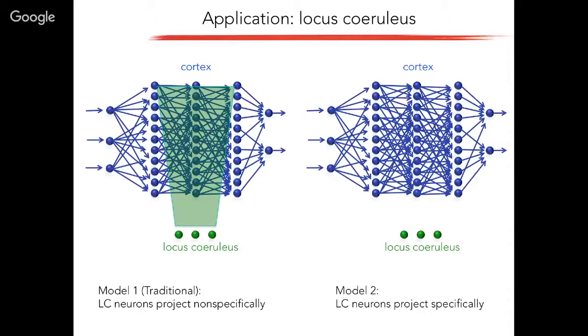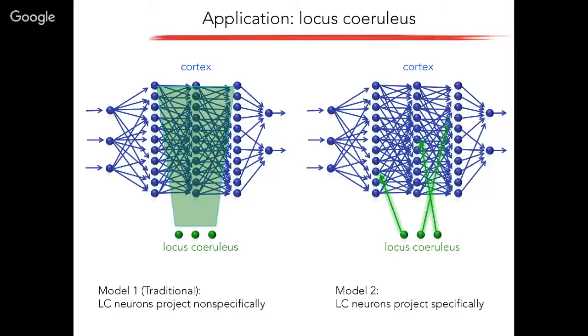So the locus coeruleus is the sole source of noradrenaline to the cortex. Noradrenaline is a kind of wake-up signal. It tells the brain to go on alert. And the usual view is that there's a cortex-wide alert signal that goes off when the locus coeruleus is activated.